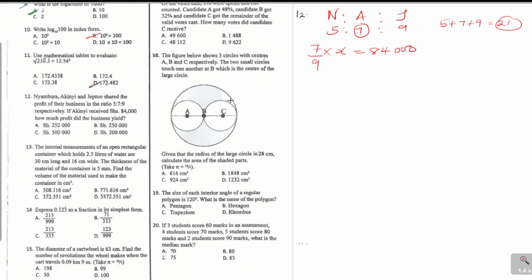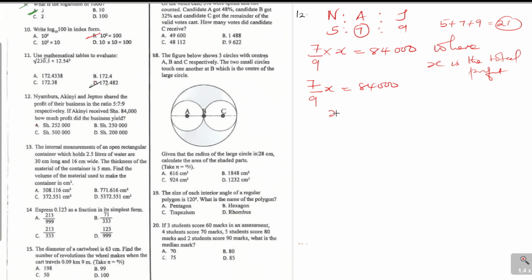It is 7 divided by 21, that is a fraction, multiplied by x, where x is the total profit the business yielded. So if you want to make x the subject, this will give 7/21 x equals 84,000.